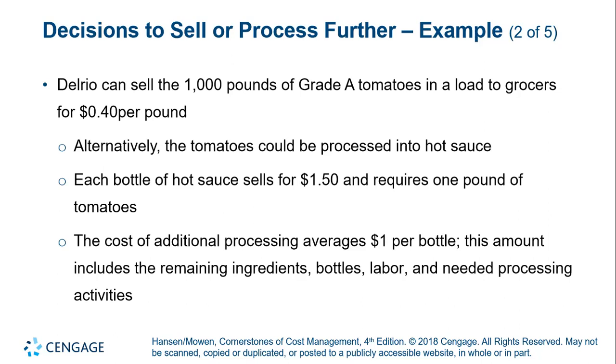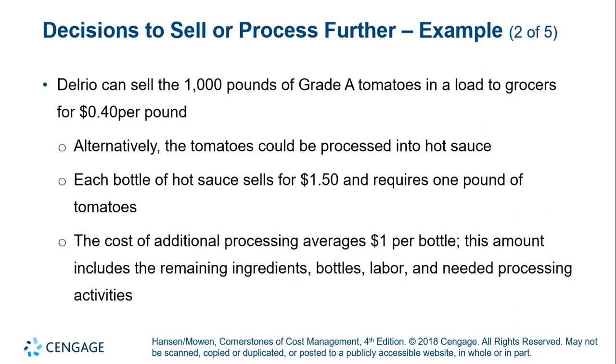So if you are going to sell the 1,000 pounds, it will sell at 40 cents per pound. But if you are going to process this and produce hot sauce, you have to sell it at 1.50, and that requires 1 pound of tomatoes.